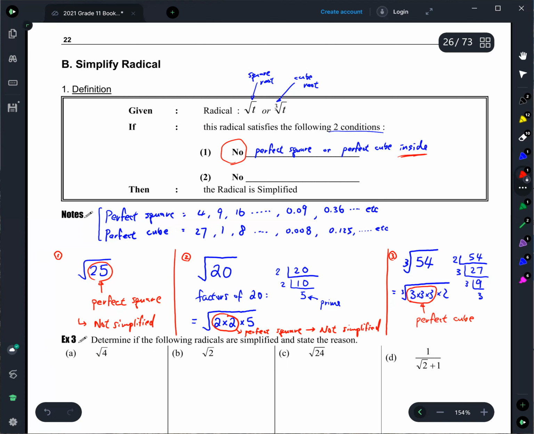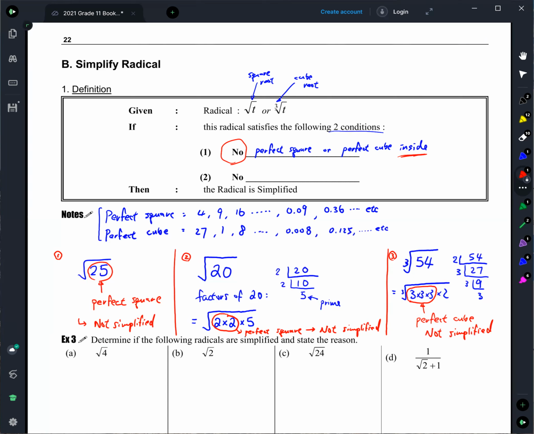So if you are able to find either a perfect cube or perfect square inside the cube root or square root, then you will say this one is not simplified. If after you break it down you still cannot find anything, no perfect square, no perfect cube, then the question is already simplified.